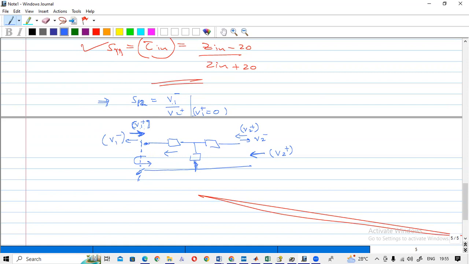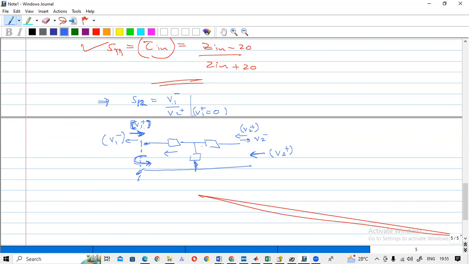Now you want to make this V1 plus 0. Then you have to do what? We need to make this V1 plus 0. That is the reflected signal in port 1, no? When you are giving the signal in this direction, this is how we are going to measure.